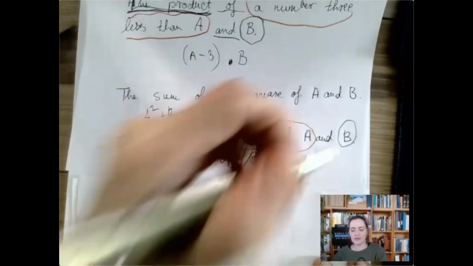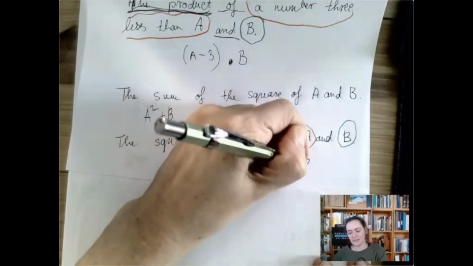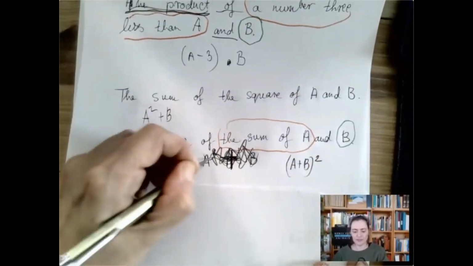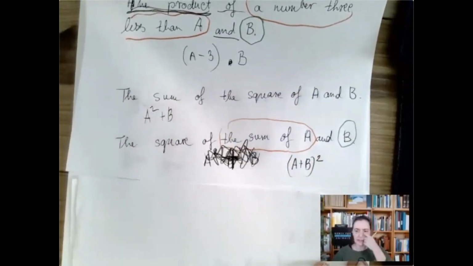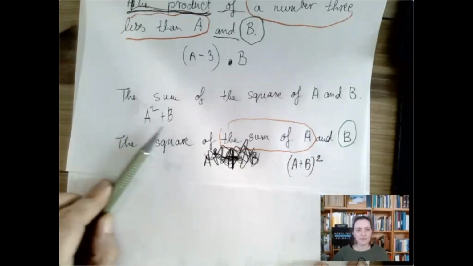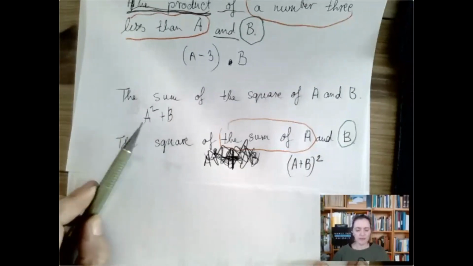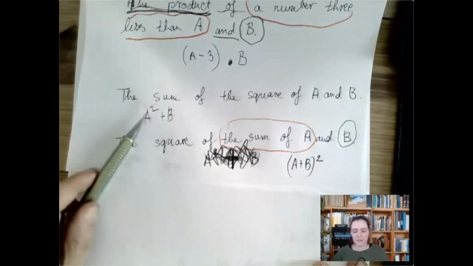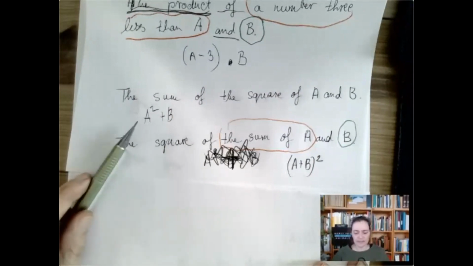The square of the sum of A and B is A plus B, the sum squared. Does that make sense? I wrote the correct answer in the wrong spot, which I guess is the same as writing it incorrectly. So A squared plus B squared is an acceptable wrong answer for this one, because it should say the square of A and the square of B, or the squares of A and B. But I think we should be very clear.